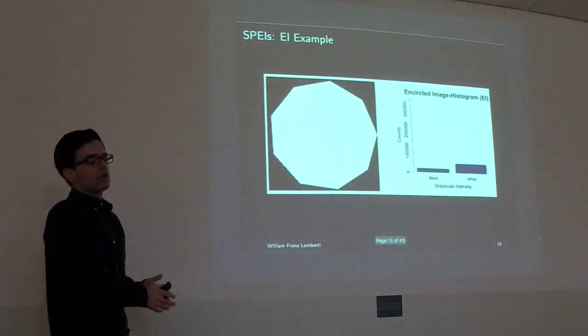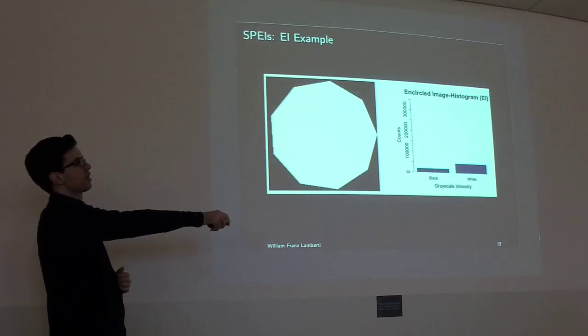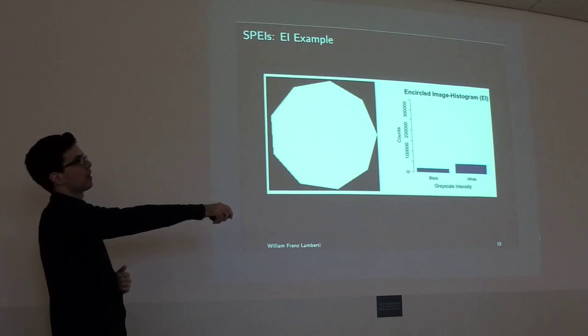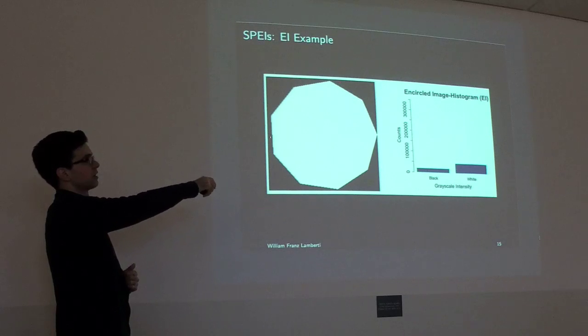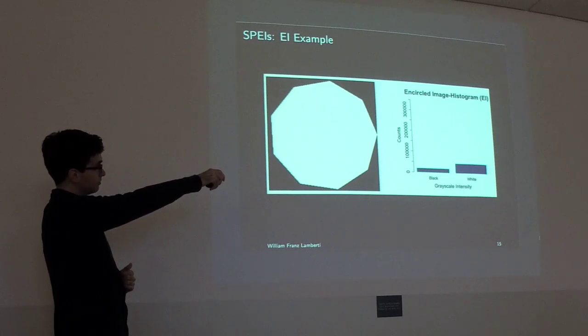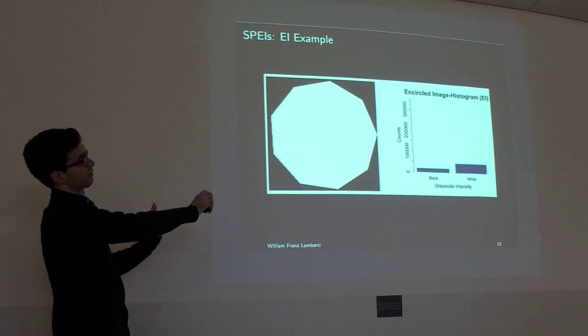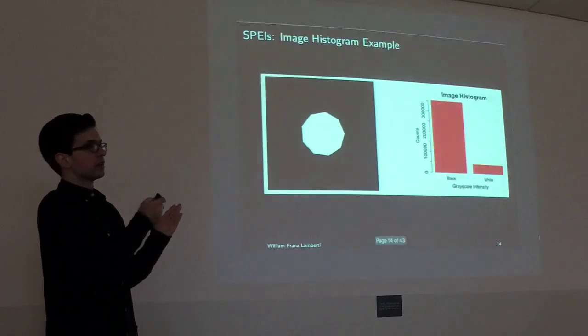After applying SPEI, the black pixel counts went way down, but the white pixel counts remain constant. And so here you can visually imagine that there's a circle encompassing this polygon, and that's going to provide very different metrics than this one.